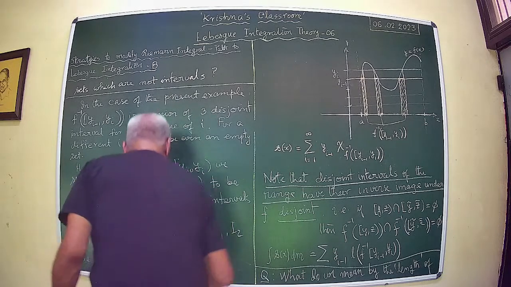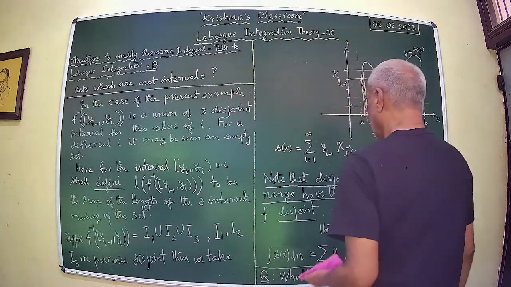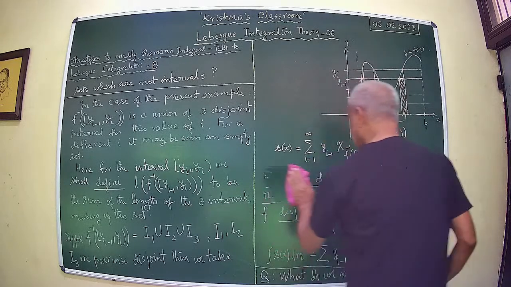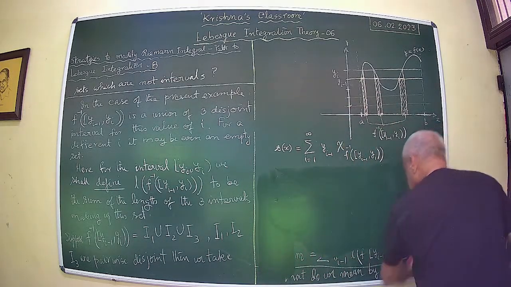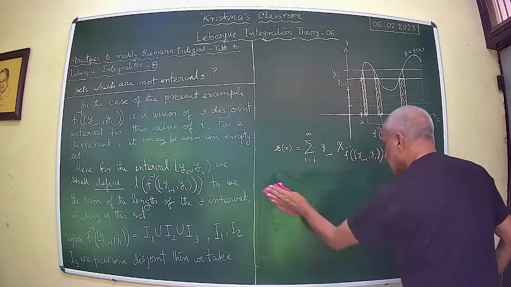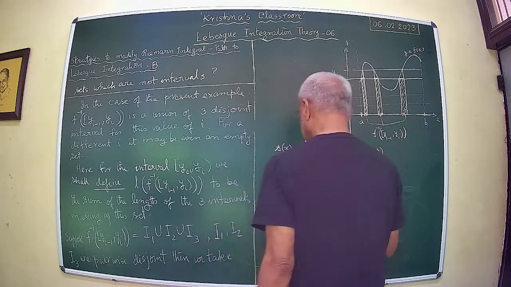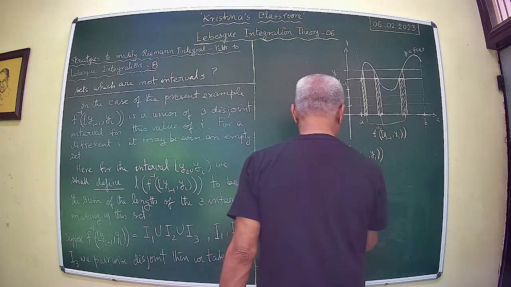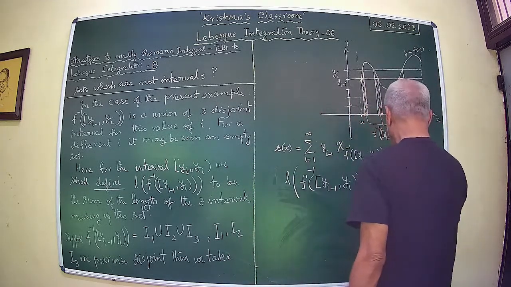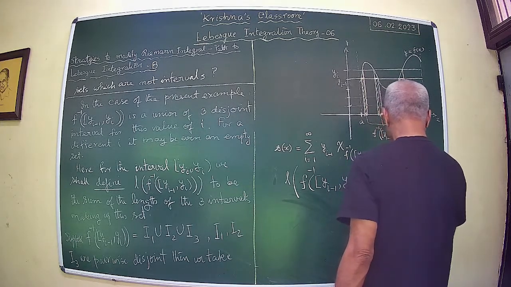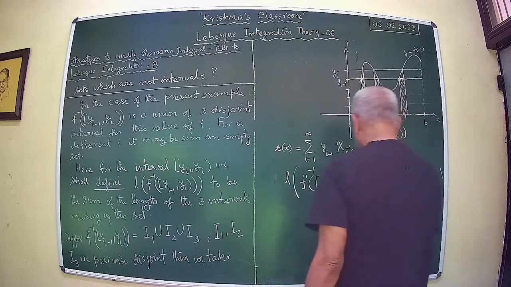Then we take the length of f inverse of yi to be equal to length of, say, I1 plus length of I2 plus length of I3.